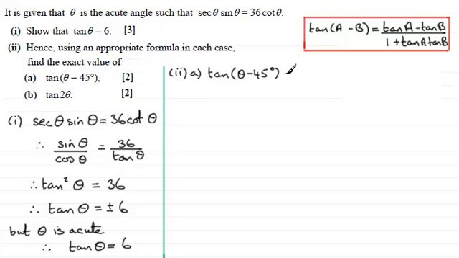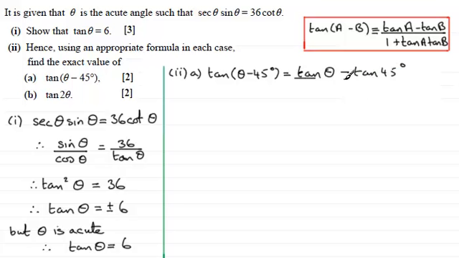So using that identity up here, the tan of theta minus 45 degrees becomes the tan of what would have been a, but is now tan of theta, minus the tan of b, which is now the tan of 45 degrees.